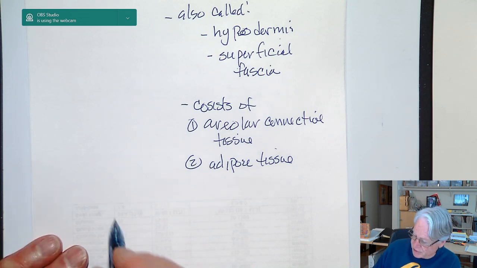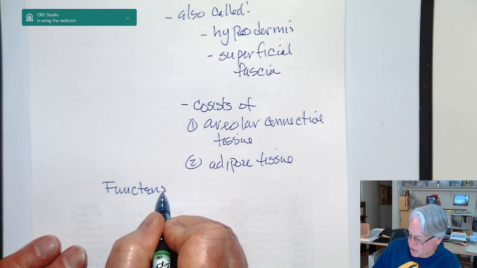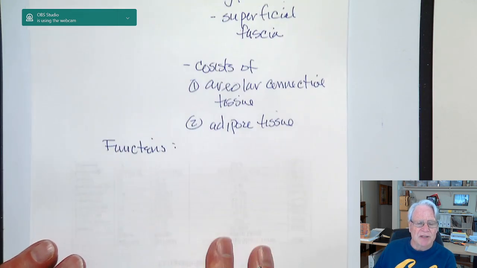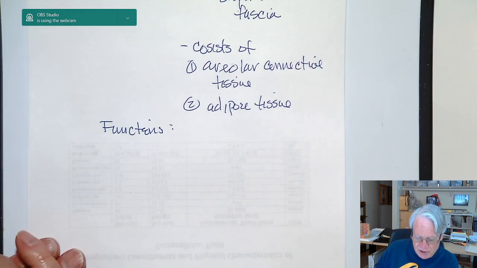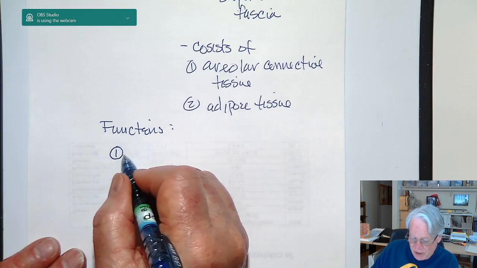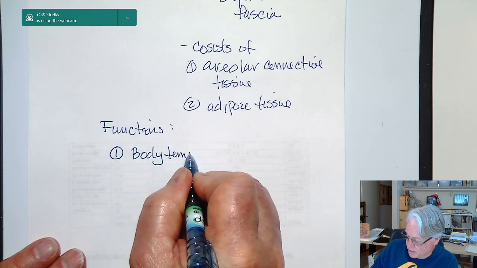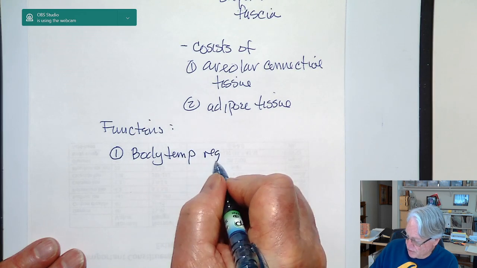Okay, let's talk a little bit about functions. We're just going to list them here because later on in the lecture we'll get into more details of the functions, but we're going to simply list them right now. Number one, we've got body temperature regulation.